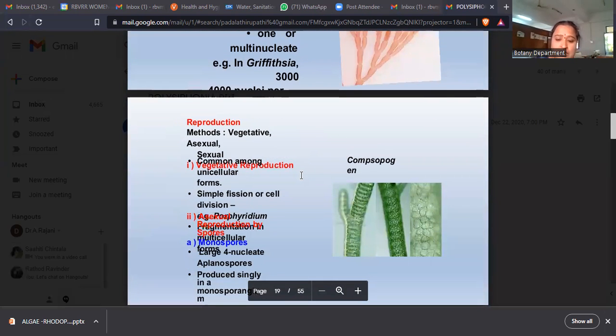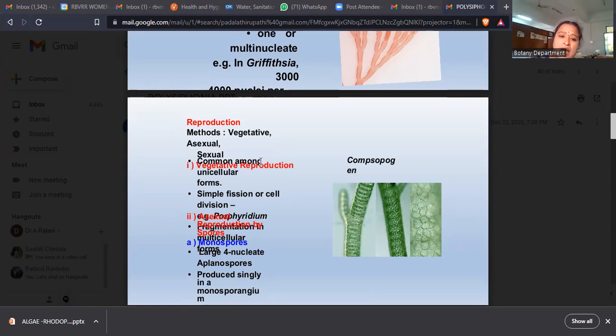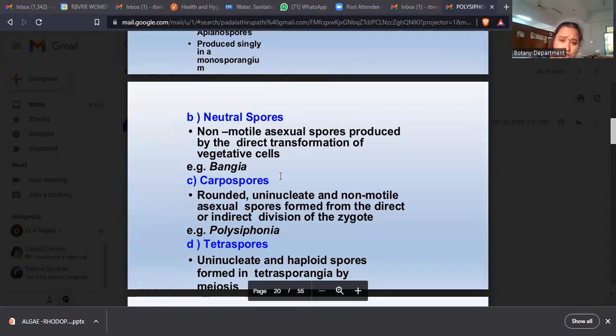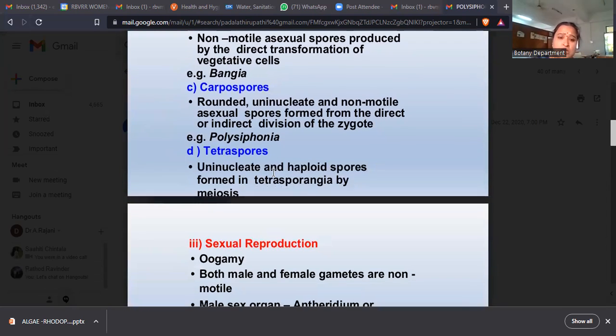Coming to the next one, the reproduction part. Polysiphonia is dioecious. Vegetative and asexual reproduction is totally absent. Sometimes only some species form vegetative reproductive neutral spores, carpospores, and tetraspores.